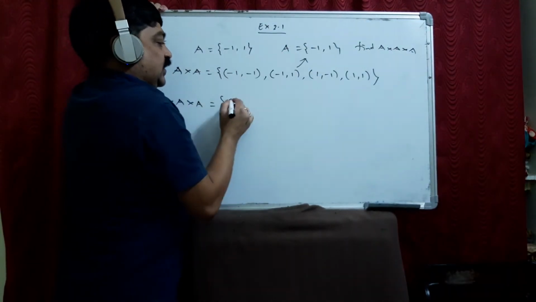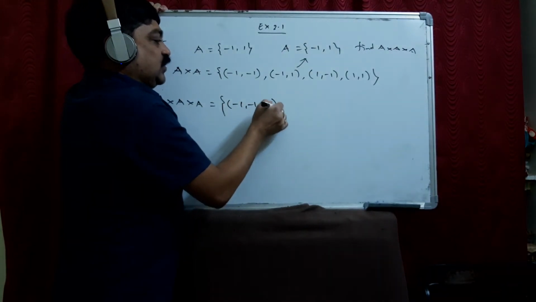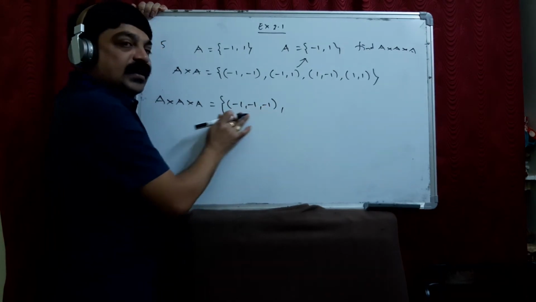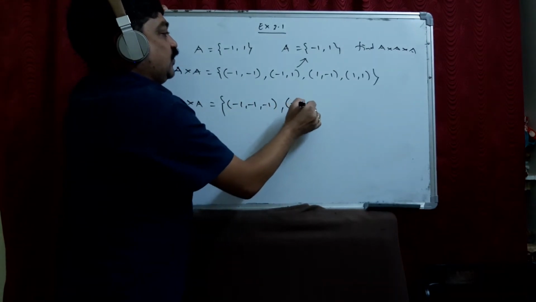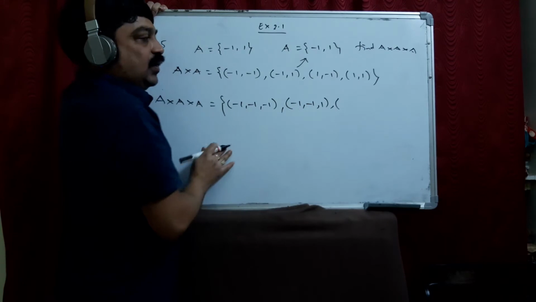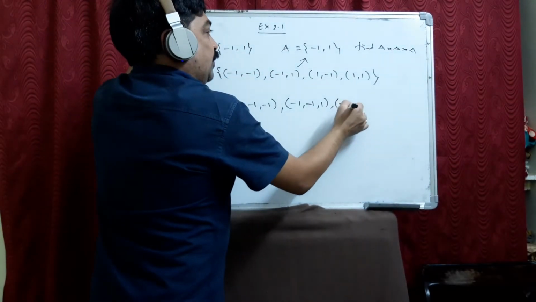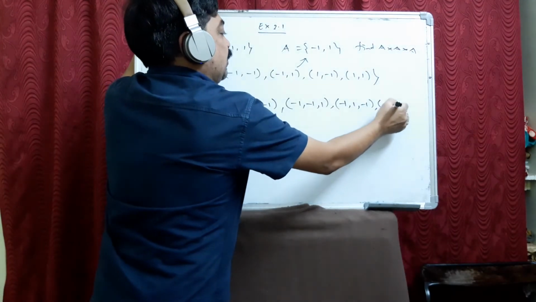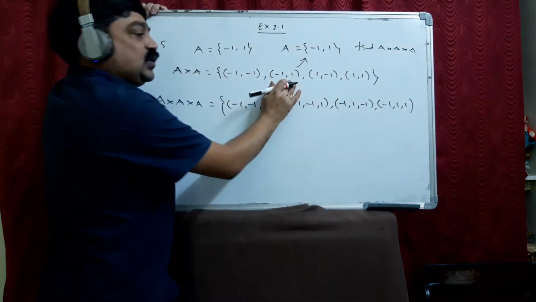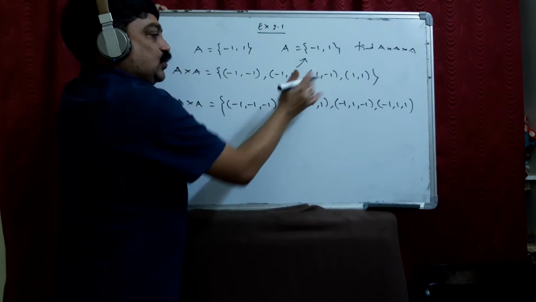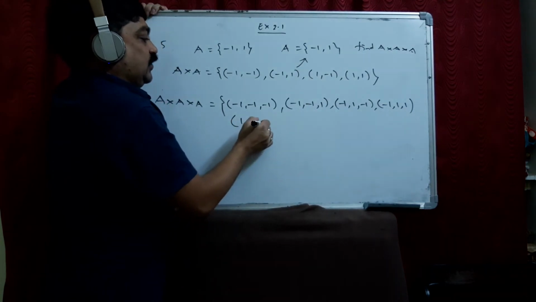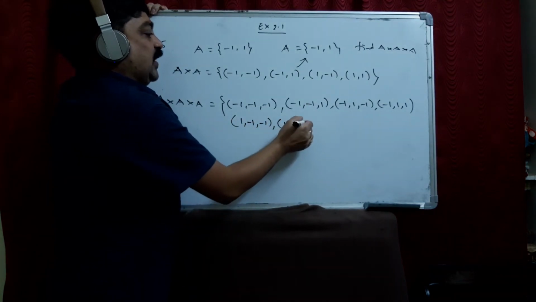First, (-1, -1) with -1, an ordered triad. Triad means 3. (-1, -1) with 1. So with this, 2 are over. Now with this, 2 more: (-1, 1) with -1, (-1, 1) with 1. With this also, 2 more are over. Now with this, 2: (1, -1, -1), (1, -1, 1).